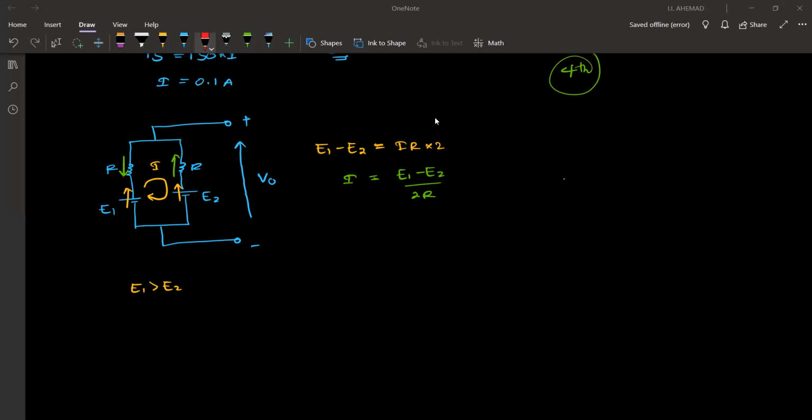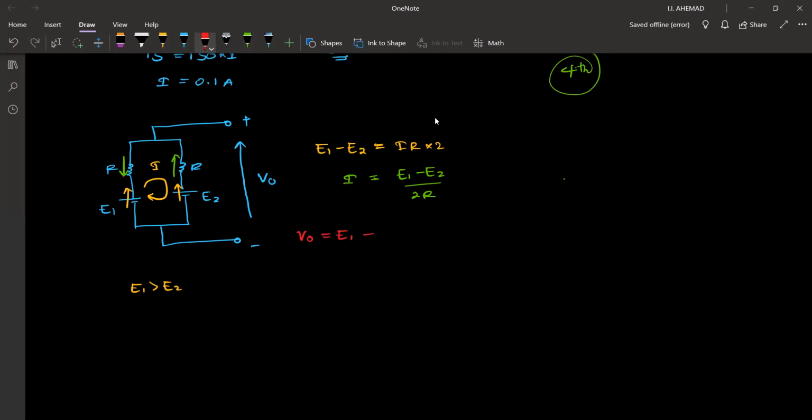Now, you can use any of the sides to find what is V naught. You can either use your right hand side or the left hand side. So let's find out using both directions. V naught is equal, I'll choose E1. E1, is it plus or minus?